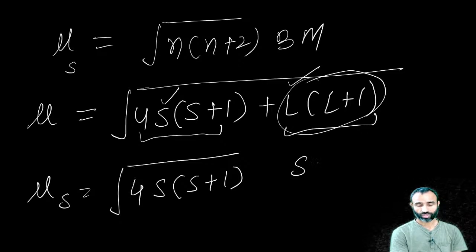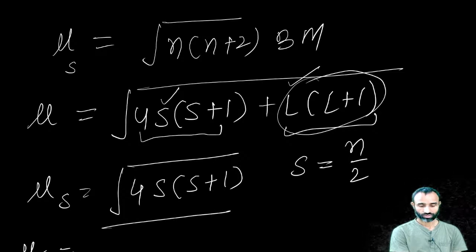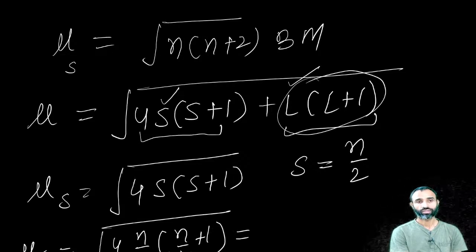So what is total spin? That is n by 2, where n is number of unpaired electrons. So S means number of unpaired electrons divided by 2. So it is 4 times n by 2 into n by 2 plus 1. So it comes out to be under root n into n plus 2, right?